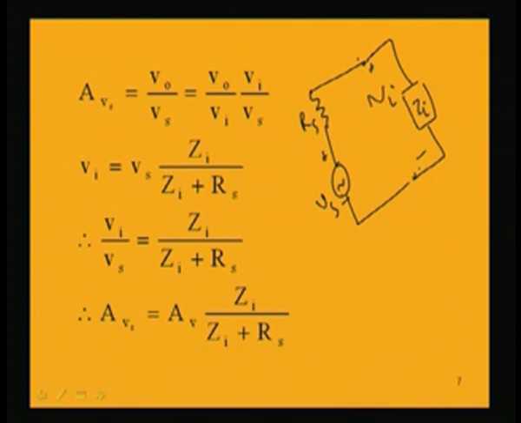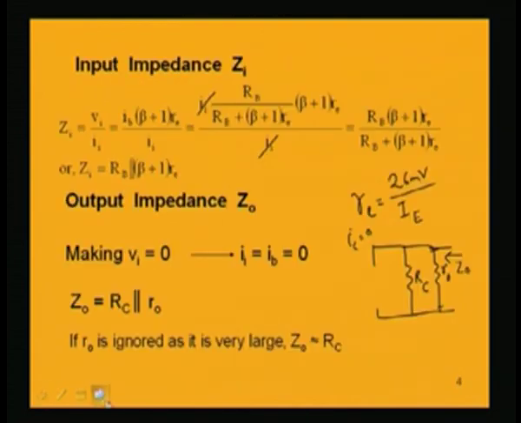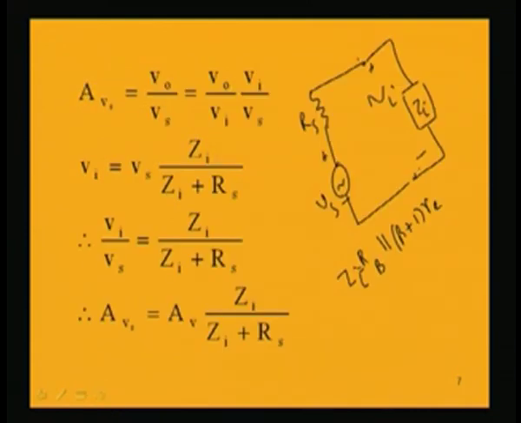That is what is written here, Vs into Zi by (Zi plus Rs), and Zi we have found out is equal to Rb parallel (beta plus 1) Re. So, putting the value of Zi, we can find out now the expression for Vi by Vs, that is equal to Zi by (Zi plus Rs). So, what is AVS? It is equal to AV into Vi by Vs, which is nothing but Zi by (Zi plus Rs). So, this is the voltage gain with respect to the source.